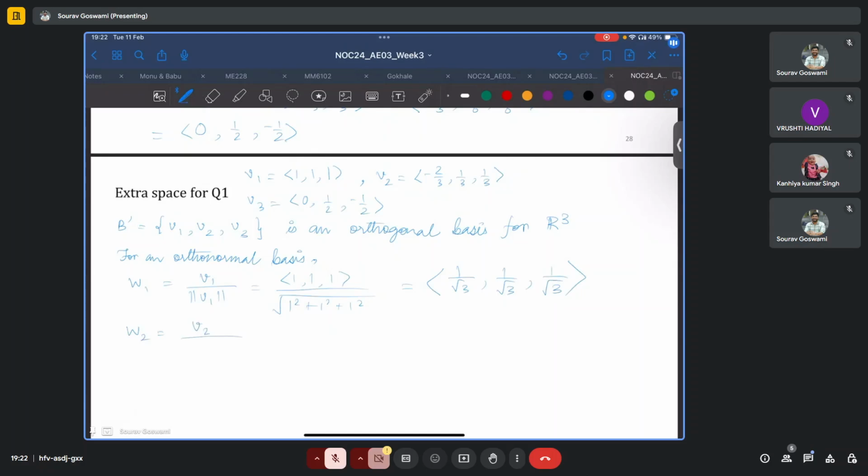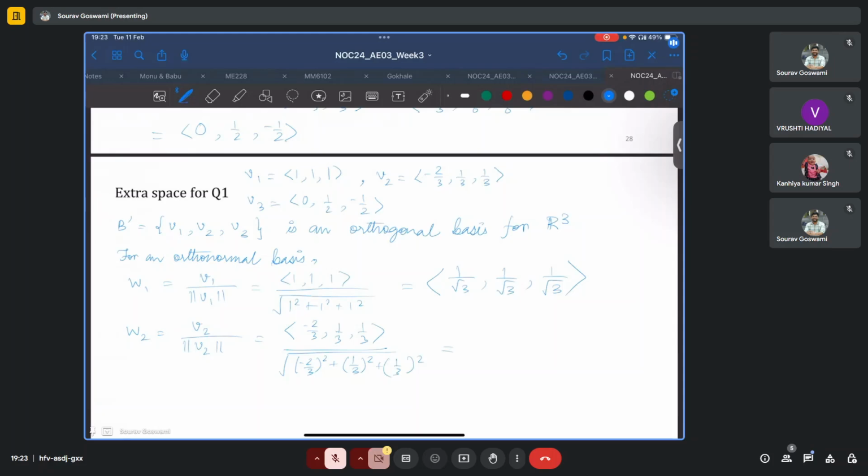W2 is simply V2 by norm of V2, which is (minus 2 third, 1 third, 1 third) by under root of minus 2 third square plus 1 third square plus 1 third square.